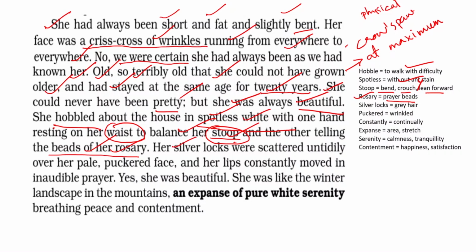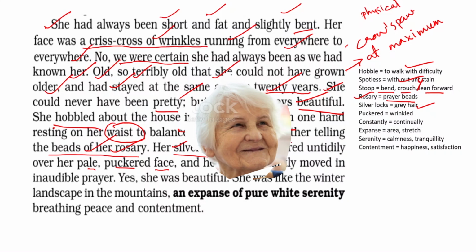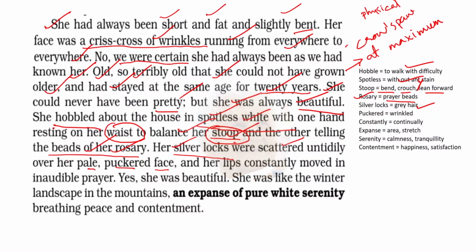Her silver locks were scattered untidily over her pale, puckered face. Her silver locks here means the gray hair, the white hair scattered untidily over her face. Pale means the discolored, colorless face, and puckered here means the wrinkled face.